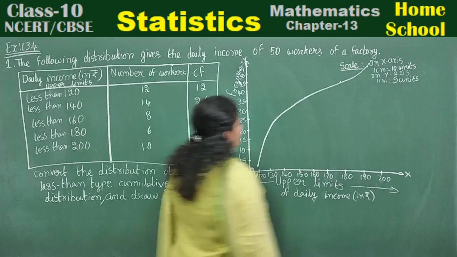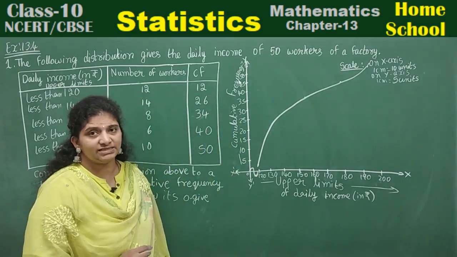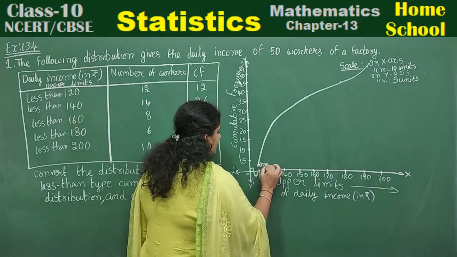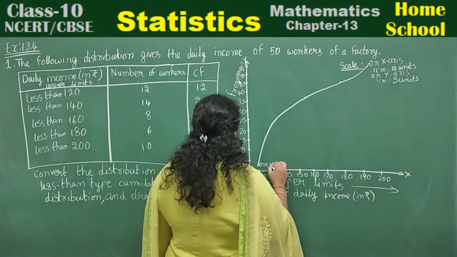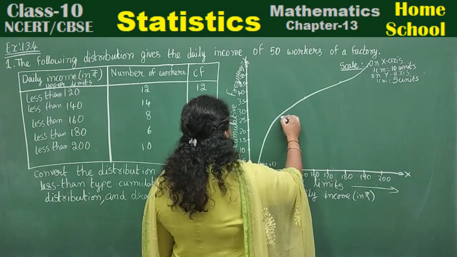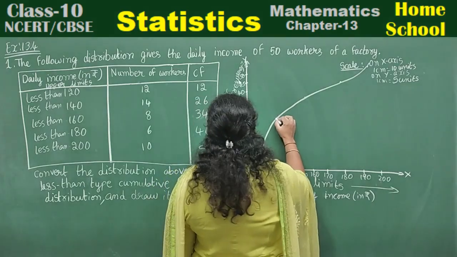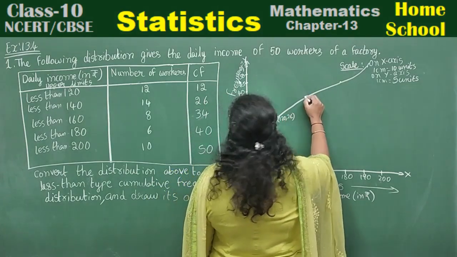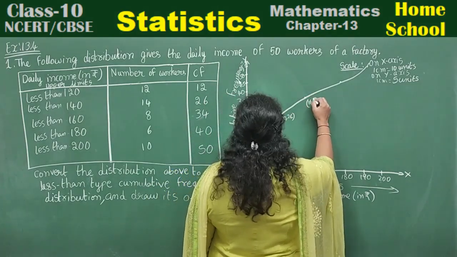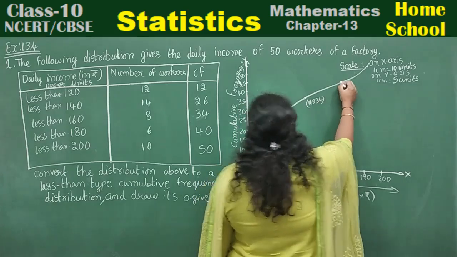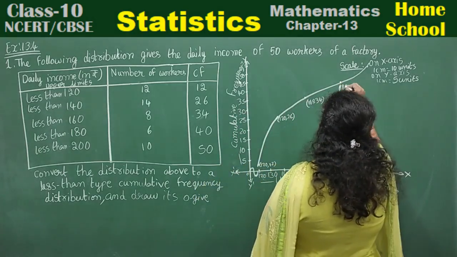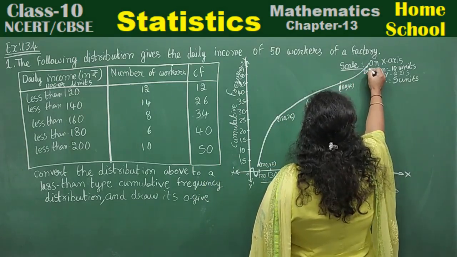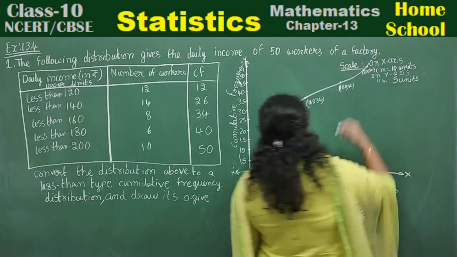So look here, like this, you are going to get this is your less than type ogive. And mark this one, 120, 12, and here 140, 26, and this one is 160, 34, this one is 180, 40, 200, 50, right?